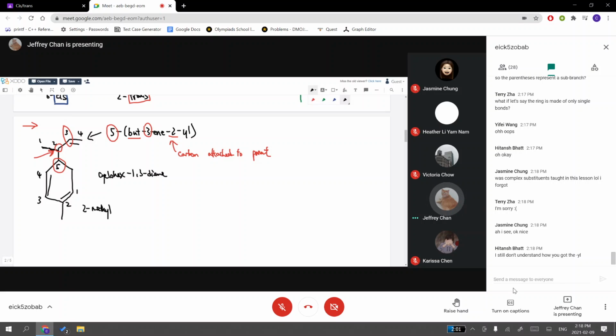Okay. How do I explain it? I don't know. This carbon right here, this is carbon 2. Normally speaking, we don't include, for something like this... Let's make it more, right? For something like this, so 1, 2, 3, 4.